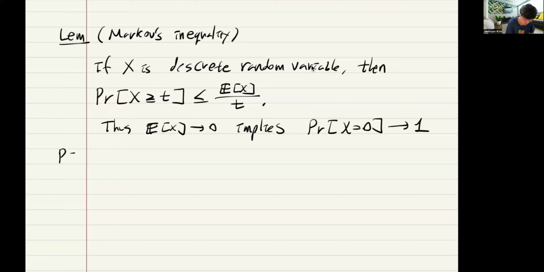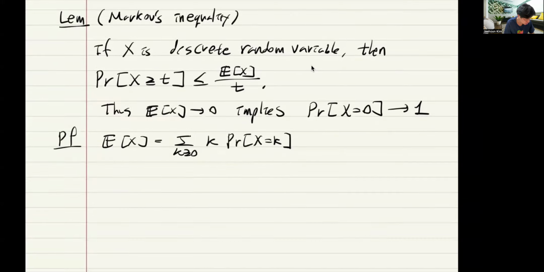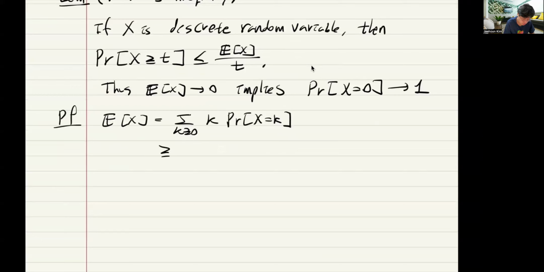The proof of this is easy from the definition of expectation. What's the expectation? Because this is a discrete random variable, its value is a non-negative integer. So overall, for all non-negative integers k, you consider the probability that X is k, and then you multiply by k and take the sum. And for this specific t, you truncate, you delete all the terms with k at most t, then this is at least this.